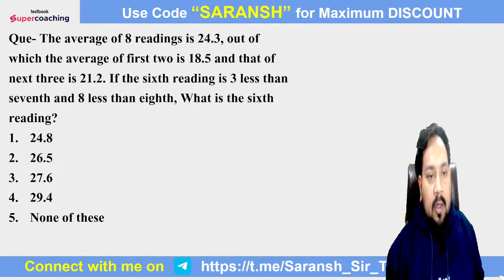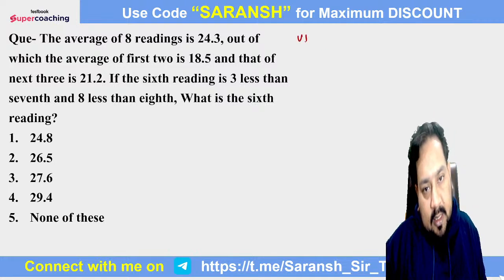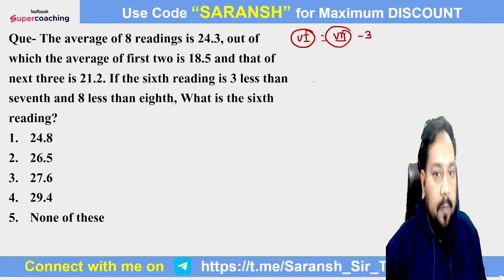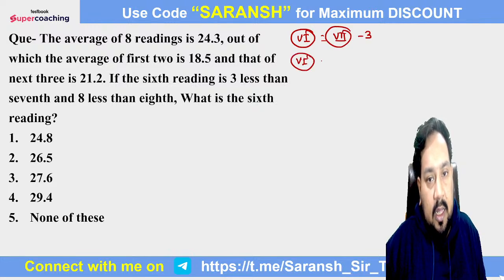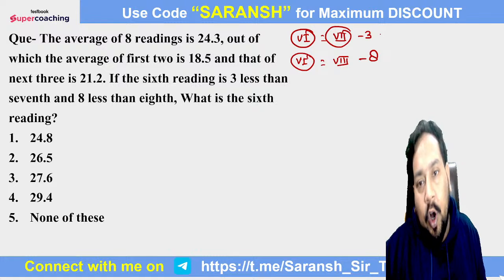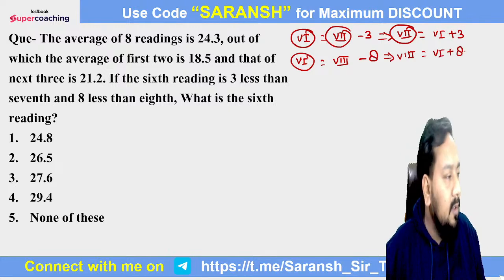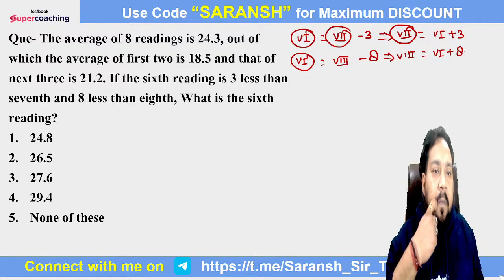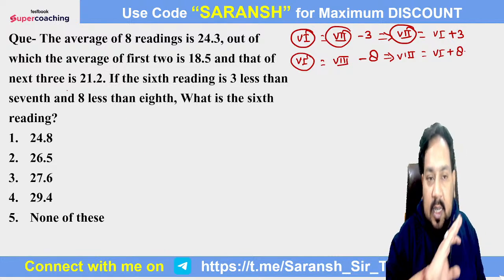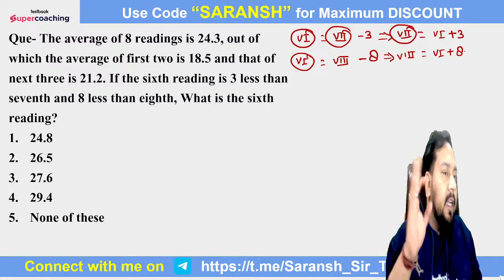Now tell me, the sixth reading is 7th minus 3, and the sixth reading is 8th minus 8, or I can say the 7th reading will be 6th reading plus 3, and the 8th reading will be 6th plus 8. Yes or no?